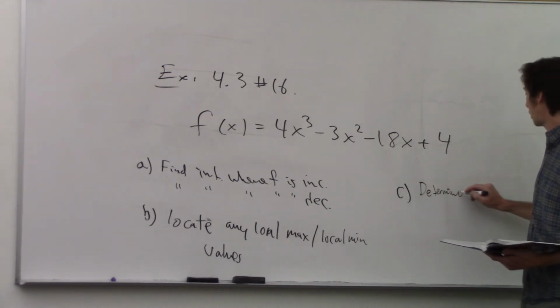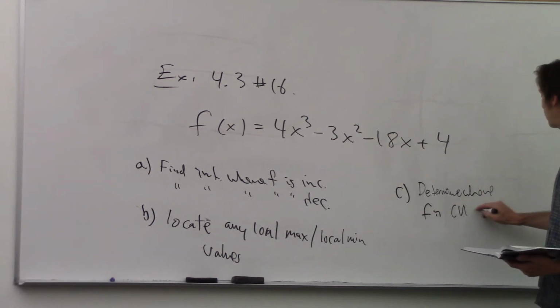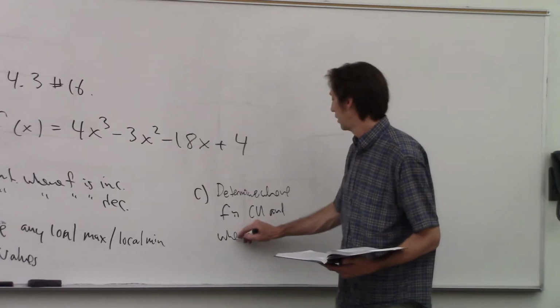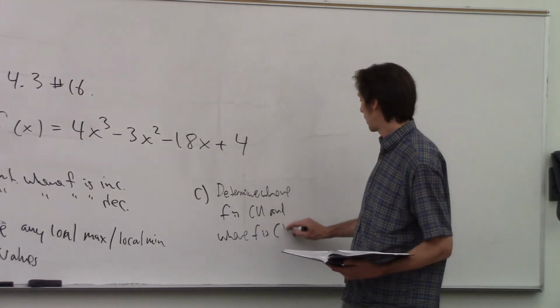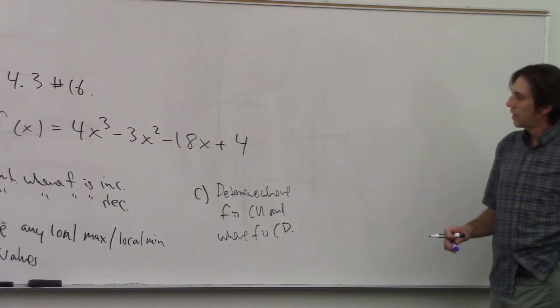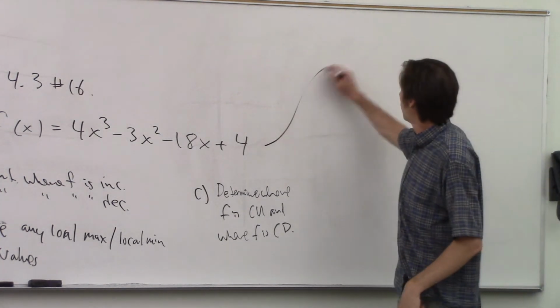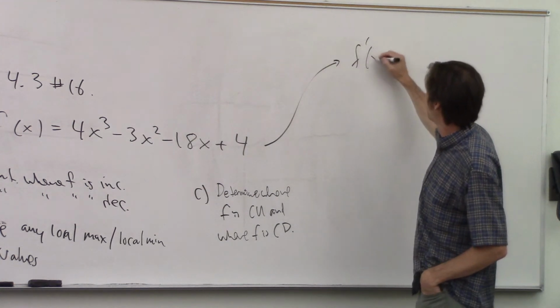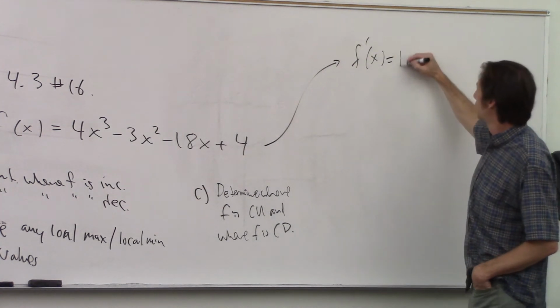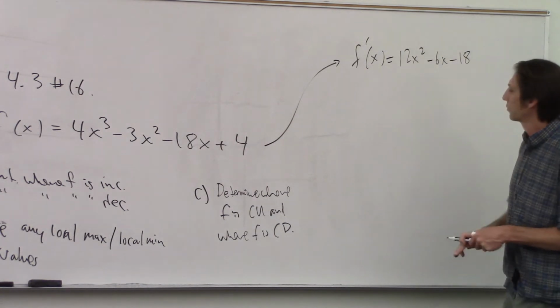All right, so we'll determine where f is concave up and where f is concave down. Okay, to answer all of these questions, I need derivatives. All right, so we'll start with the first derivative. F prime of x is equal to 12x squared minus 6x minus 18.